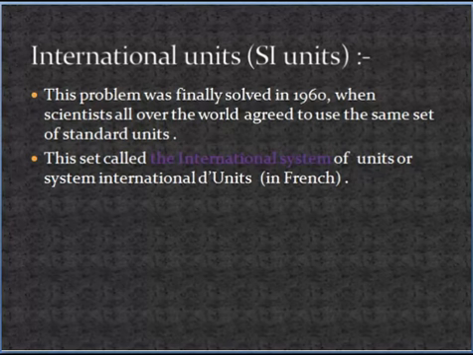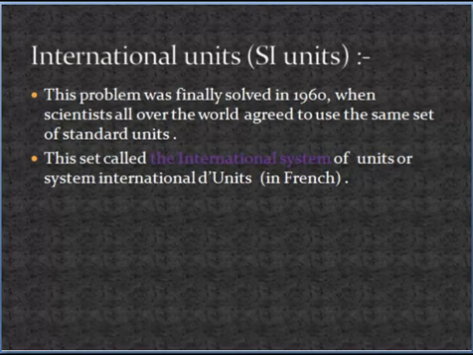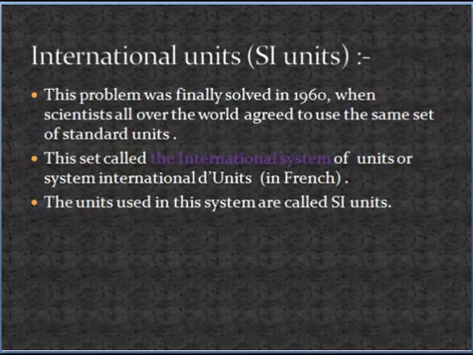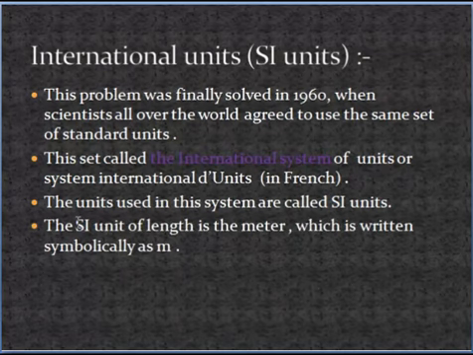International means all the countries will follow those units. International System of Units, or the Système International. The units used in this system are called SI units. SI unit means System International units.